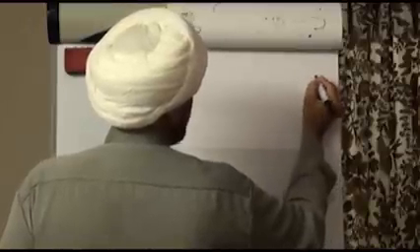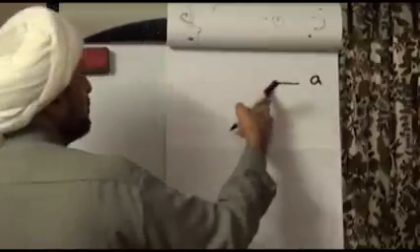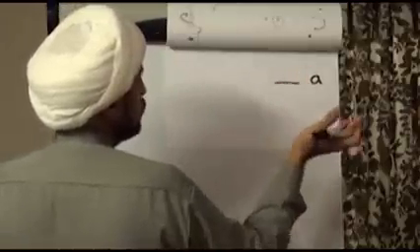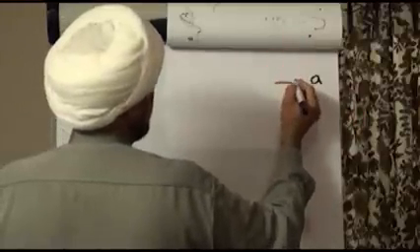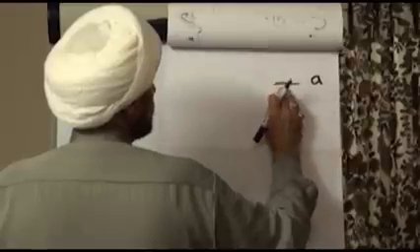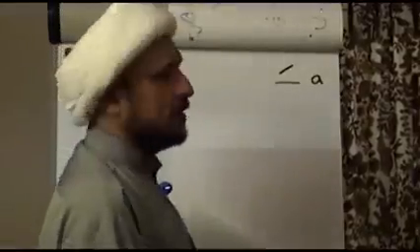So this line represents the alphabet, like the ba, or any alphabetical letter. So this line represents a letter. There will be a small inclining sign. This is called fatha.